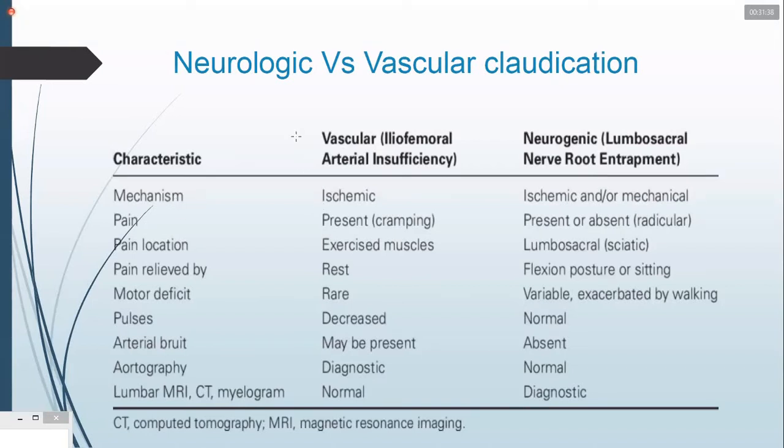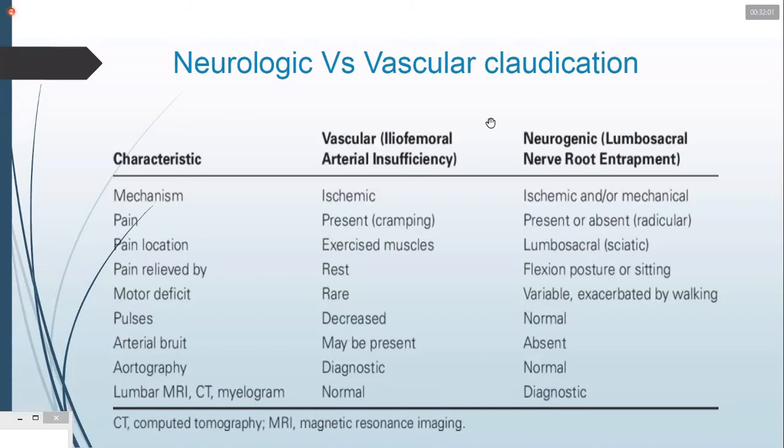Neurogenic claudication can be mechanical, and there is also an ischemic component when there is ischemia of the interspinal artery, but it is more mechanical as well as ischemic.